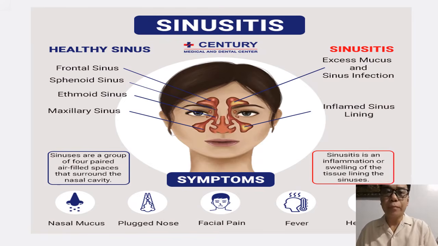Okay. So for nursing responsibilities and management, what we can do is to provide bed rest for our patient. Okay, we need to instruct them to increase oral fluid intake so that it will help liquefy the excess mucus. Next, we could also give warm packs. Okay. For epistaxis, what we are giving is cold packs.